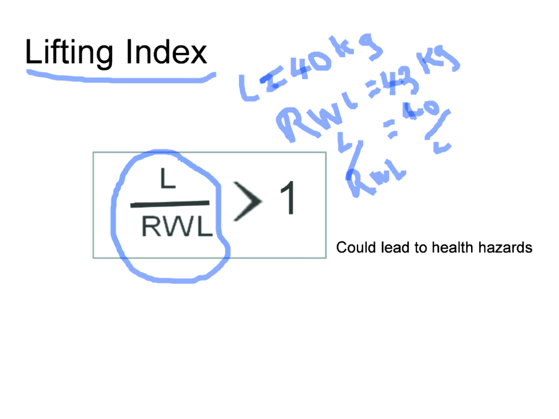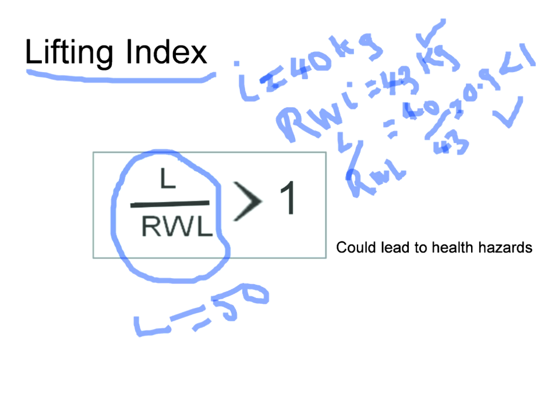If this value is greater than 1... say for example, L equal to 40 kg and recommended weight limit is equal to 43 kilogram. Now what is L by RWL?